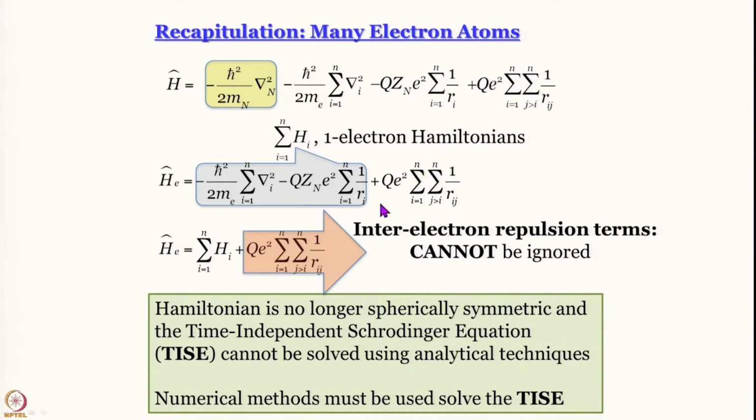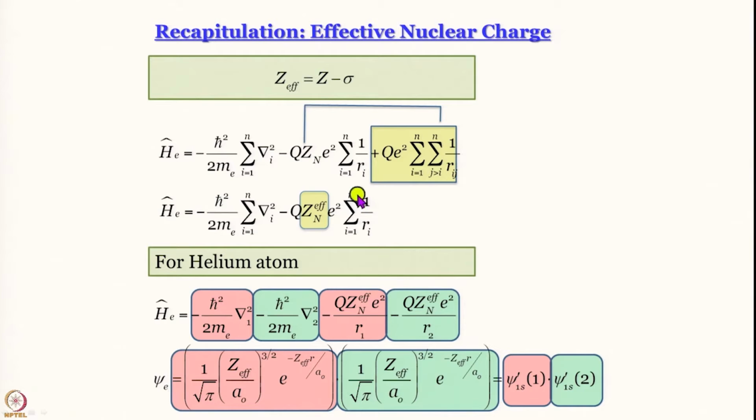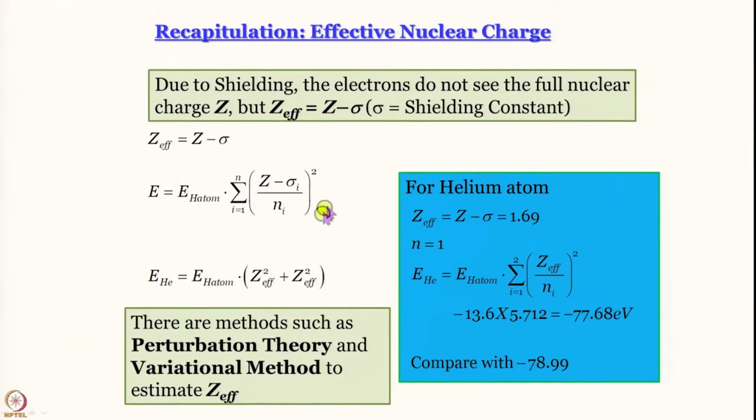These you cannot ignore, you have to account for them somehow, and the way we are accounting for this so far is by considering something called the shielding constant, and considering that the effective nuclear charge is what an electron sees. An effective nuclear charge is the actual nuclear charge minus the repulsion that an electron experiences from the other electrons. And doing that, what we have done is we have modified the wave function. Instead of Z, we will write Z effective.